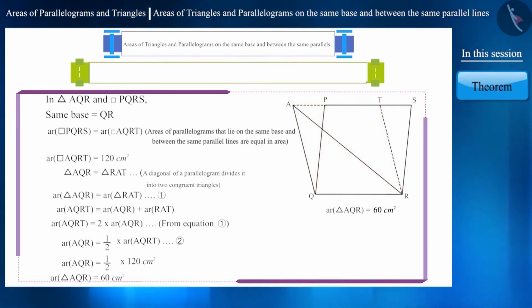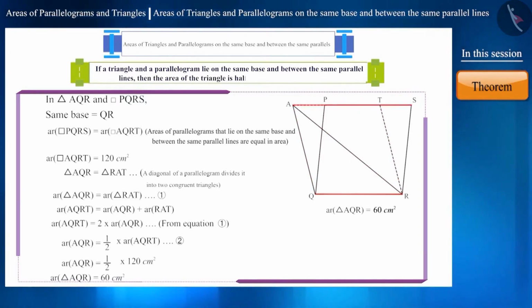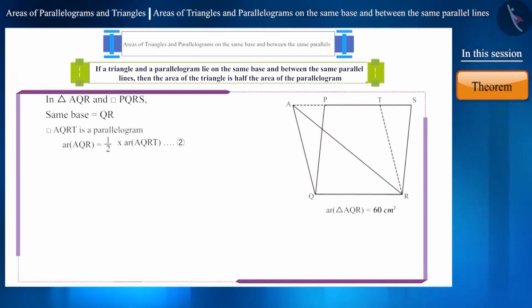Can we say that if a triangle and a parallelogram lie on the same base and between the same parallel lines, then the area of the triangle is half the area of the parallelogram? If we look carefully at equation 2 of this example, then what can we tell?